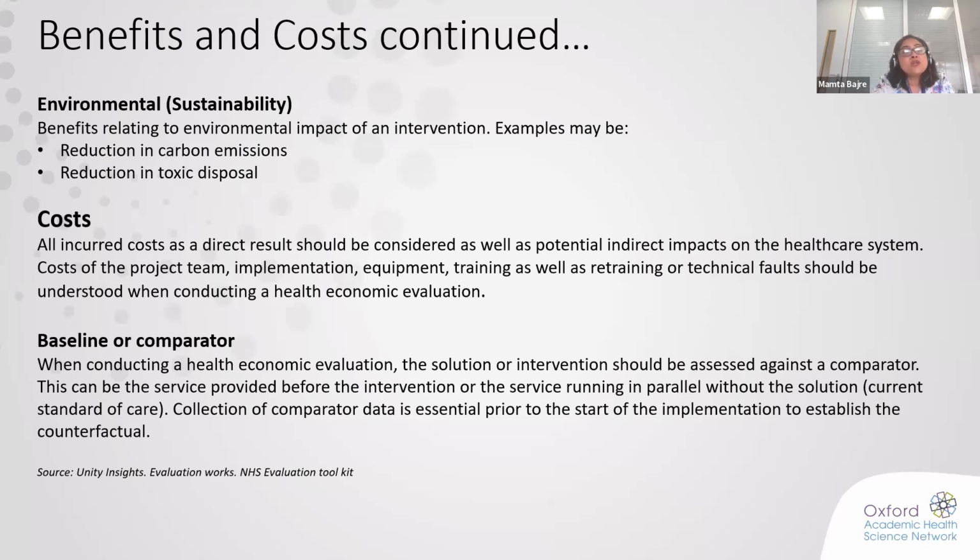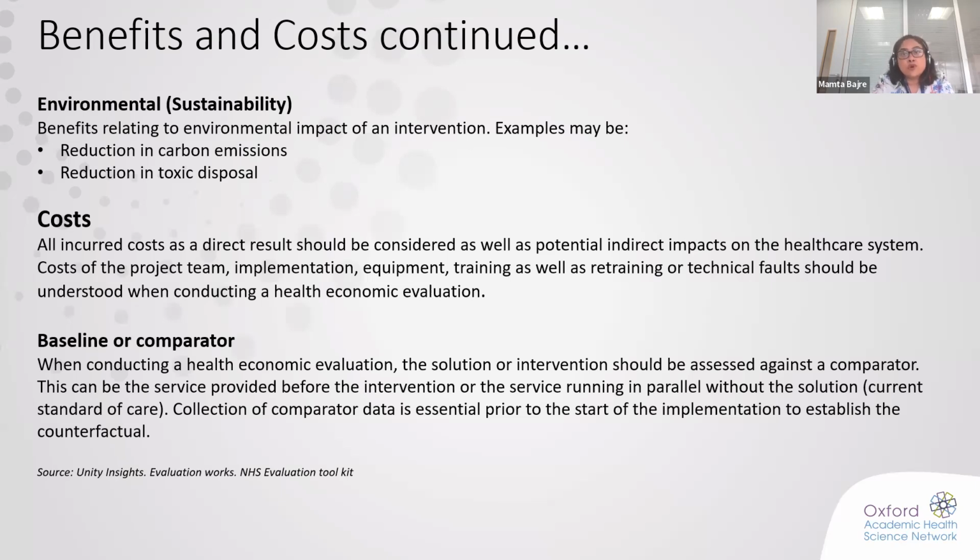Cost. All-in cost as a direct result should be considered, as well as potential indirect impacts on the healthcare system. Cost of the project team, implementation, equipment, training, as well as retraining or technical fault should be understood when conducting a health economic analysis. Direct costs are very important.